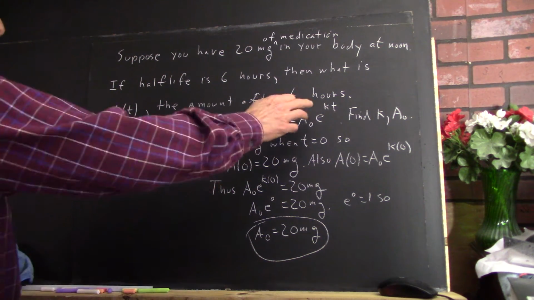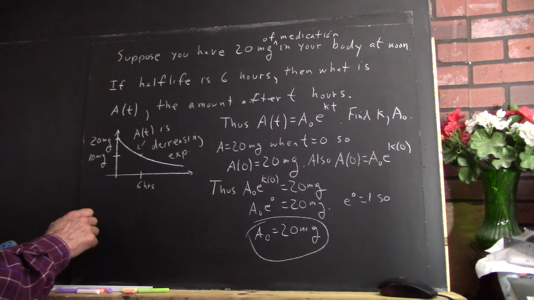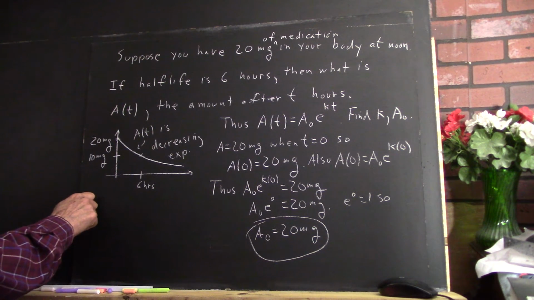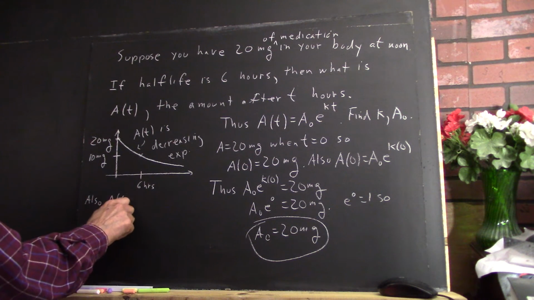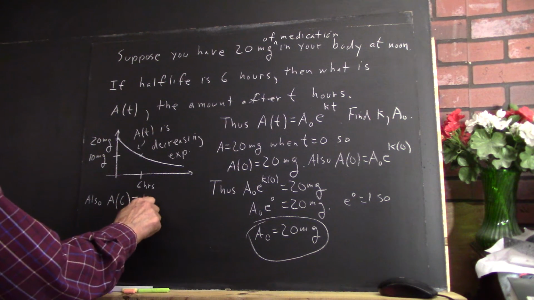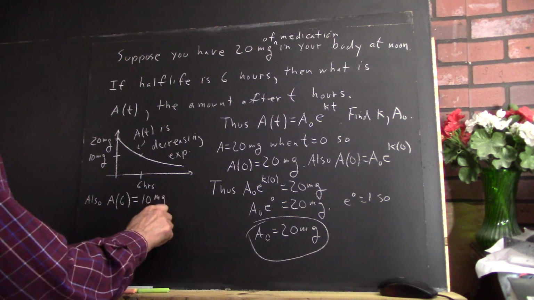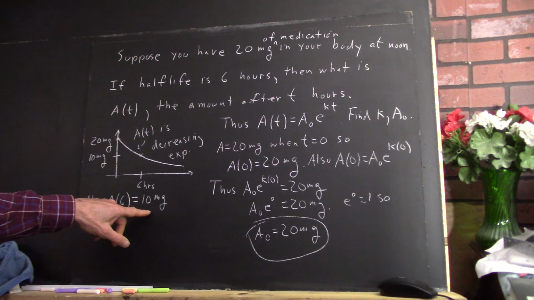We want to evaluate K. Well, A of 6 hours is 10 milligrams.